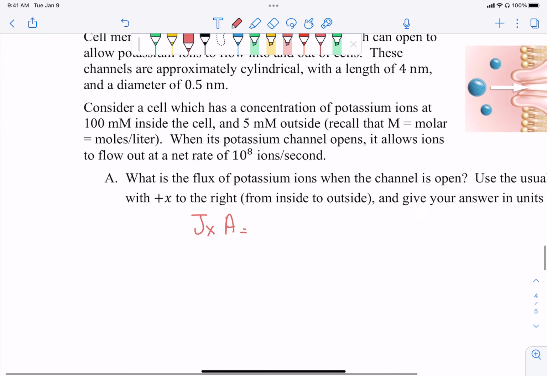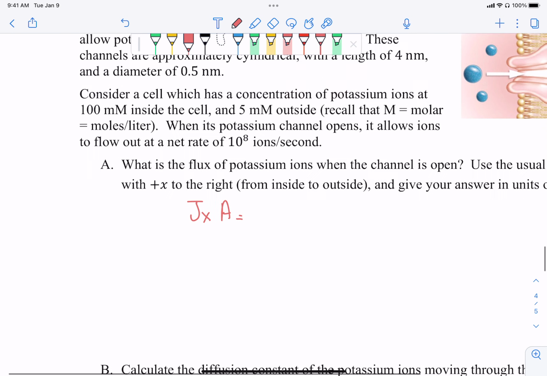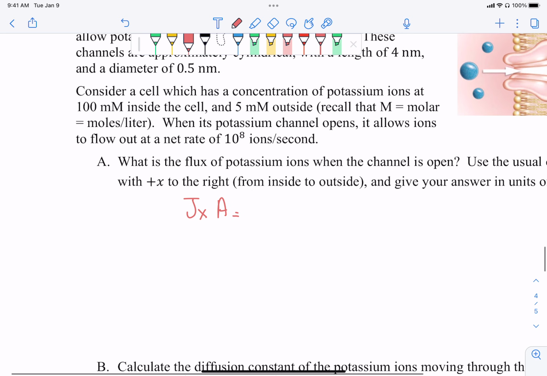So change C over change in x. Well, that's going to be one of the equations, but I was thinking just like with the area. So flux times area, and that's equal to the delta n over delta t.